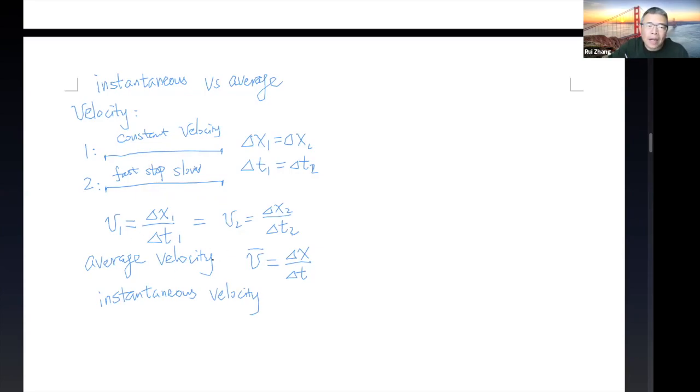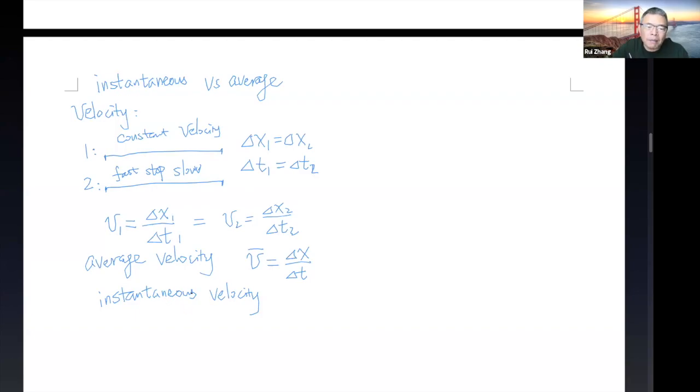Okay, but on the other hand, if you really think about this concept, it's kind of weird, because we know instantaneous velocity means velocity at this moment, but we know all motion needs time. If you don't have time, you cannot have motion. So what do we really mean by velocity at a time moment, right? That seems contradictory.